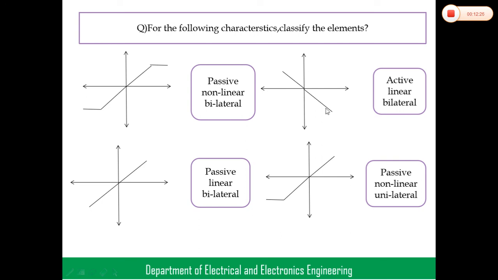We can say that it is linear because it is a straight line passing through the origin, right? So lastly, bilateral and unilateral: are the characteristics the same or different? In the positive direction this is negative, and in the negative direction the characteristics are the same as in the positive direction. So the characteristics are the same in either direction, so we can say that it is bilateral, right? So we can define the characteristics for the following elements like this, okay.